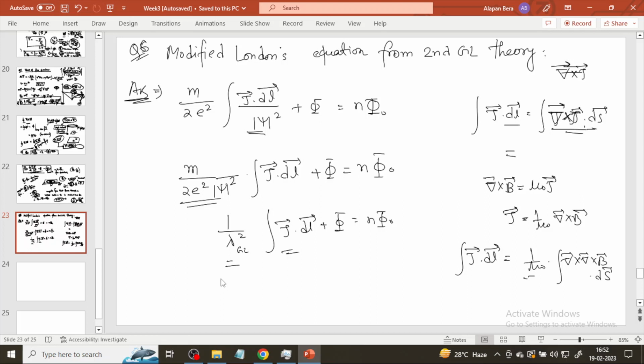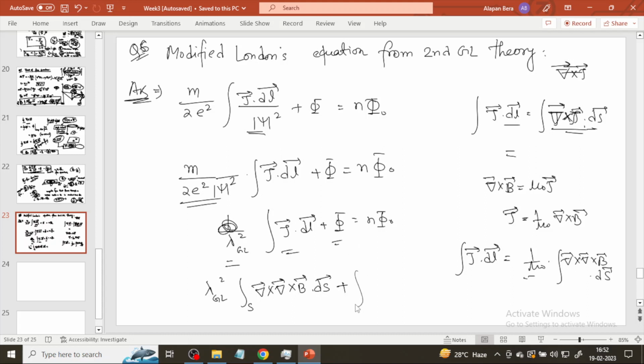So what do we get then? Okay, this is not 1 by lambda GL square, this will be on the upside. So this is lambda GL square into curl of B dot dS plus phi.